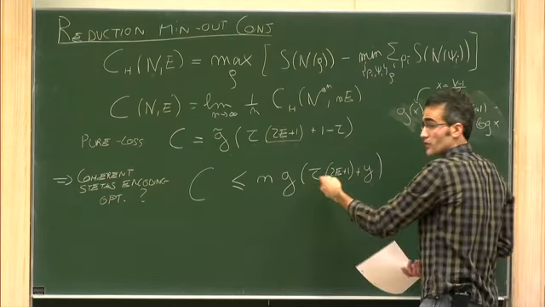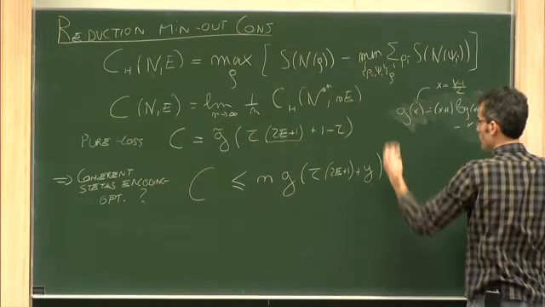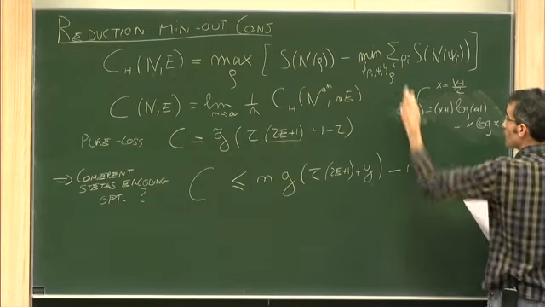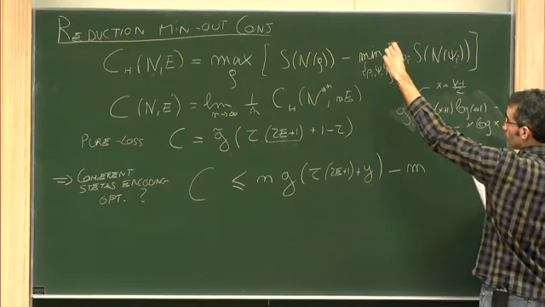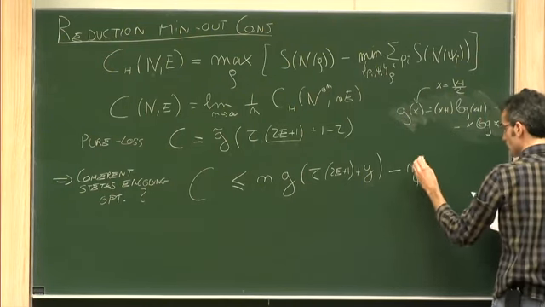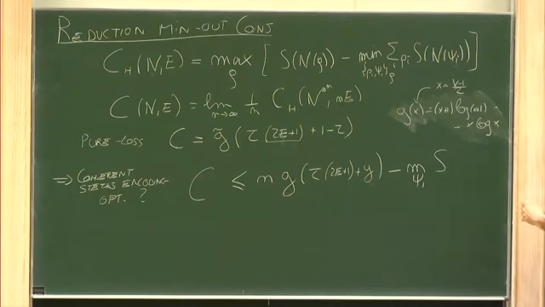And this tau could be some gain, for example. And then somehow I lower bound this part with the minimization over all pure states of the output entropy of my channel.